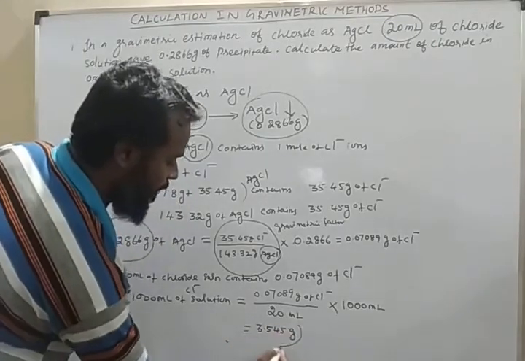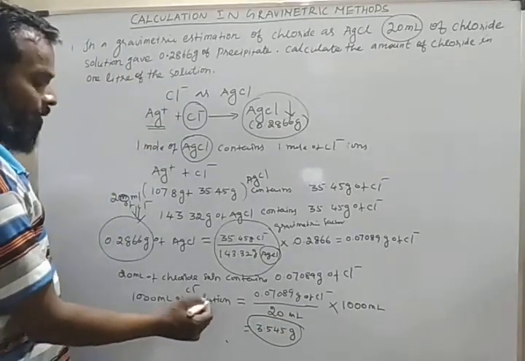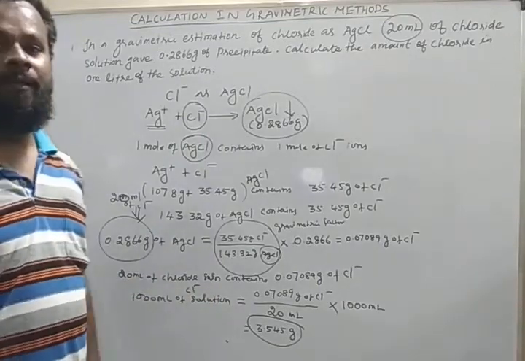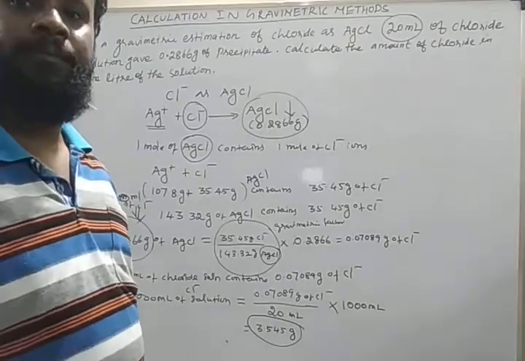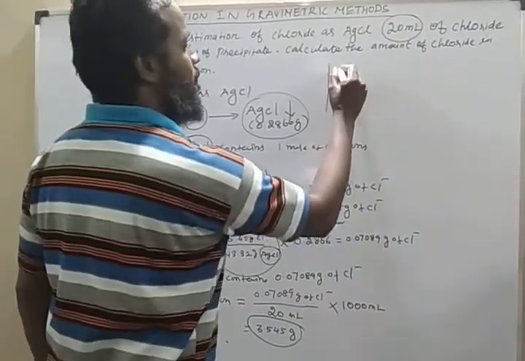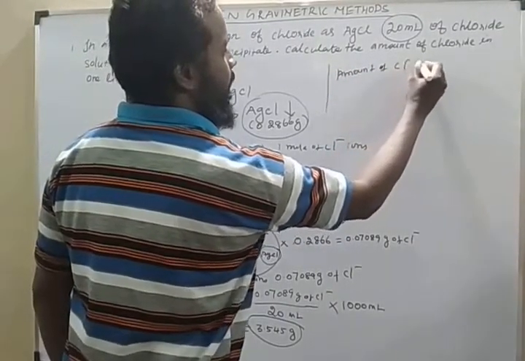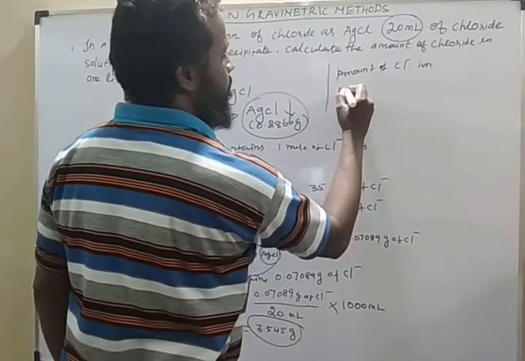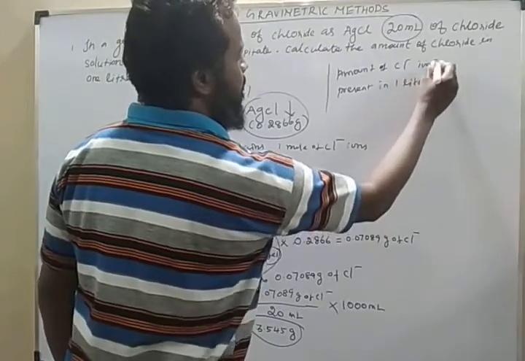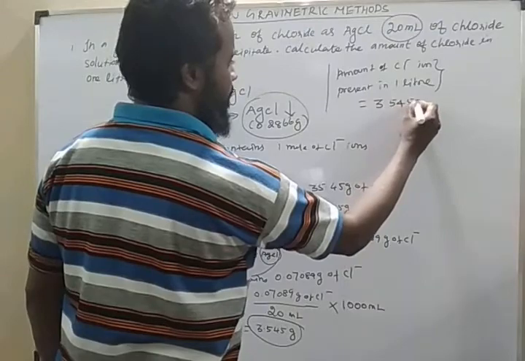Here 3.545 gram is the amount of chloride ion present in 1000 ml, that is 1 liter. Therefore, the amount of chloride ion present in 1 liter is 3.545 gram.